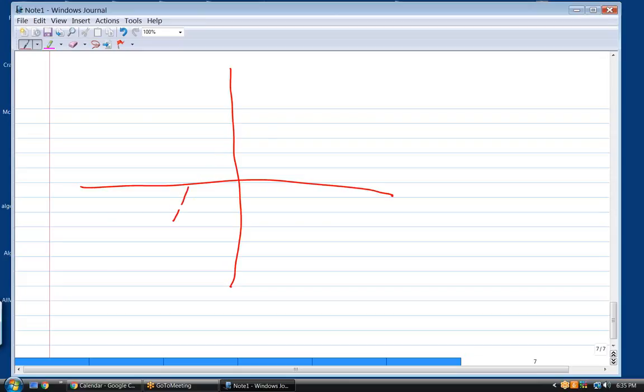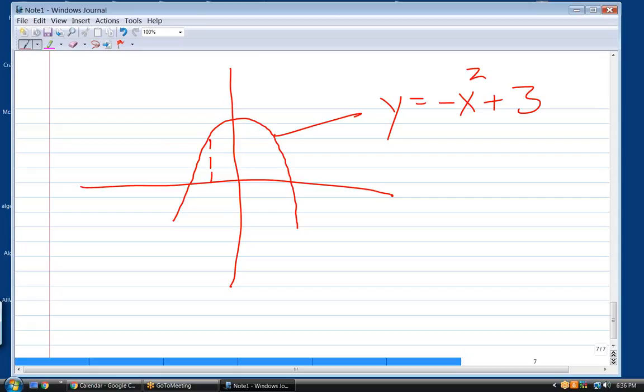I'm going to give you this problem right here. That is y equals negative x squared plus 3. Okay. Here's the problem. What's the largest rectangle I can fit under that parabola?